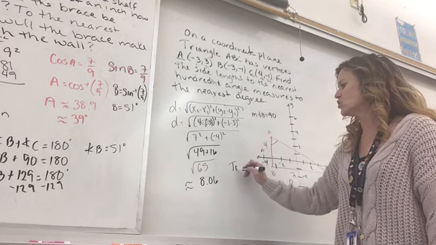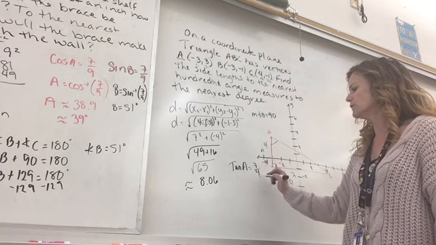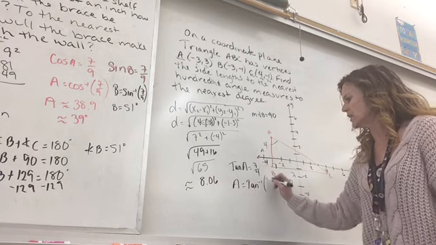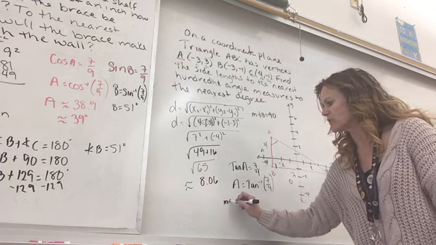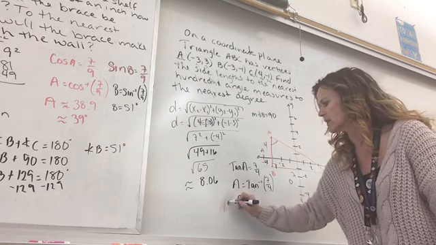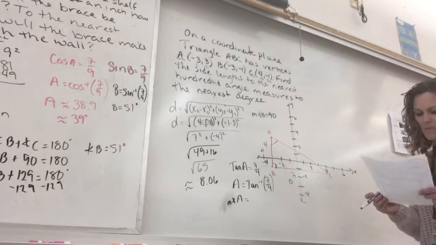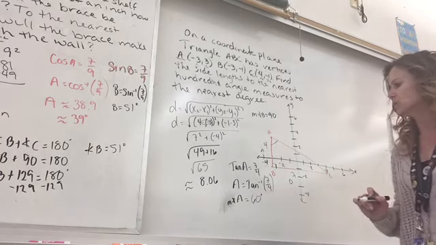So that's tangent of A equals opposite 7 over 4. So A is equal to the tangent inverse of 7 divided by 4. So we end up with the measure of angle A equaling, I did not write that correctly, I put the equal sign in the wrong spot. The measure of angle A is about 60 degrees is where it rounds off to.